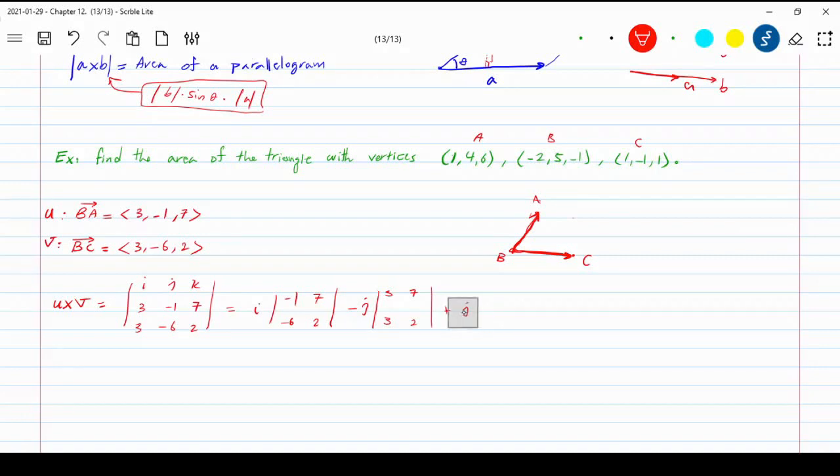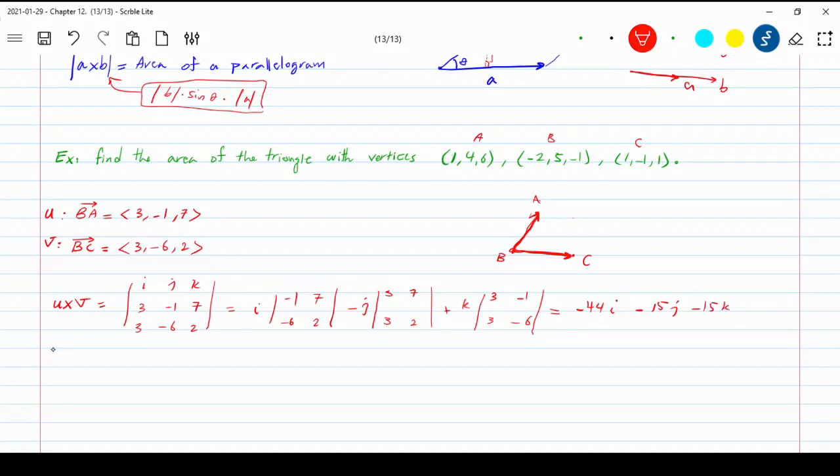And then we need to find the magnitude later on by squaring the components and adding them up. Okay, so i times negative 1, 7, negative 6, 2: negative 2 minus 42. That would be minus 44i. And 3 times 2 minus 3 times 7, that is minus 15j. And 3 times negative 6 minus 3 times negative 1, so that would be minus 15k.